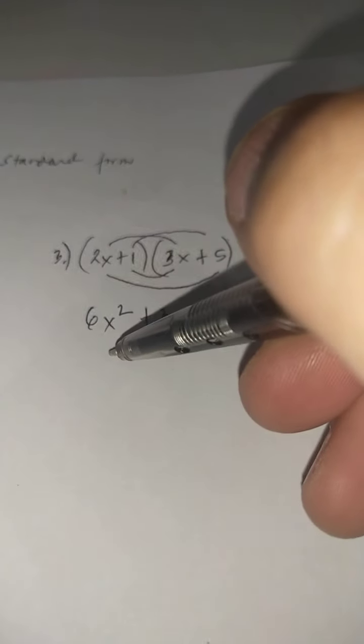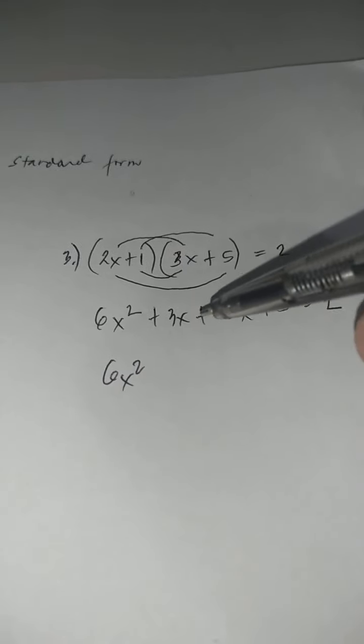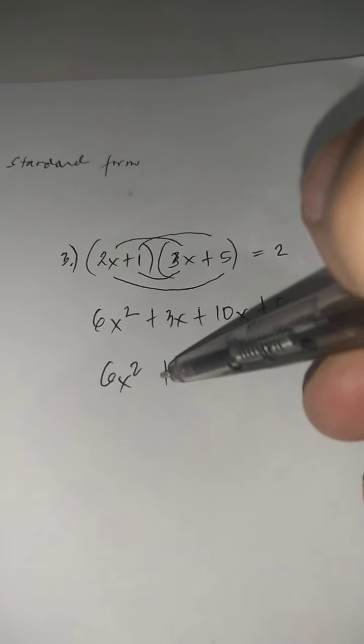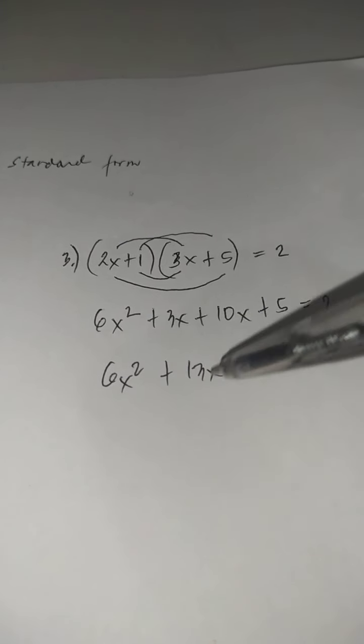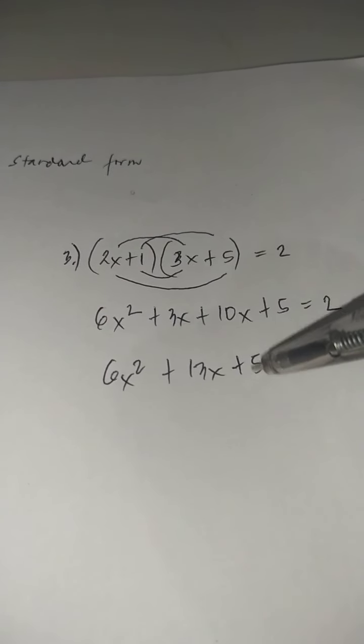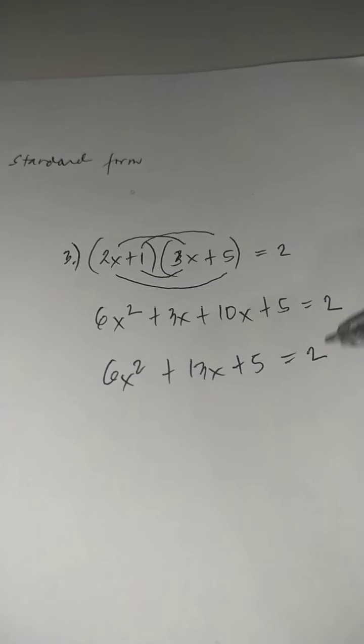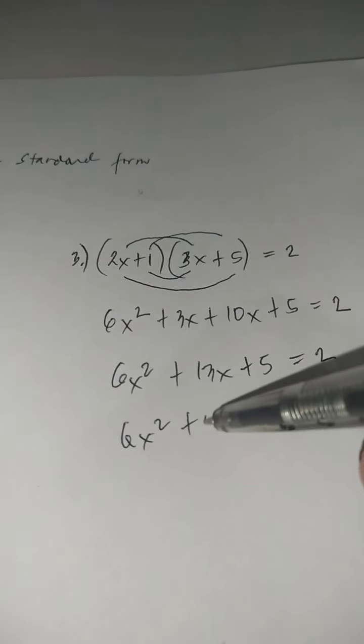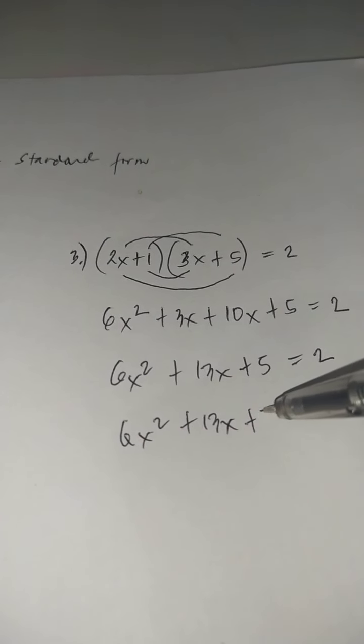Now, we have 6x squared. Combining like terms, we have 3x and 10x, that is positive 13x, plus 5 equals 2. Then we have 6x squared plus 13x plus 5.